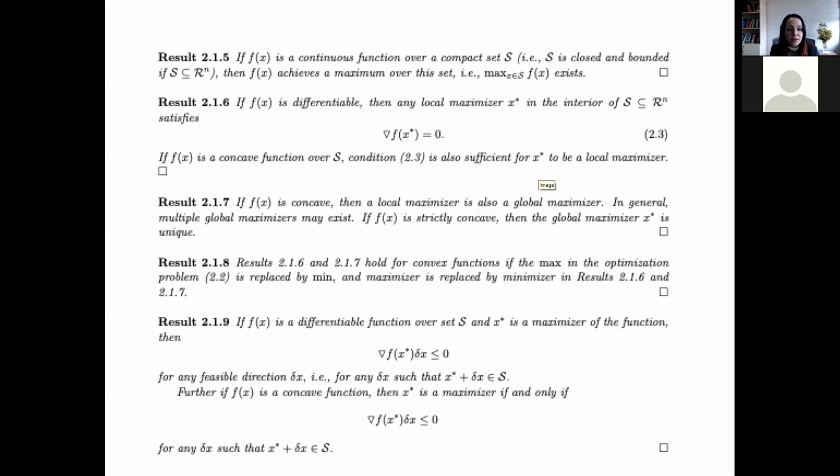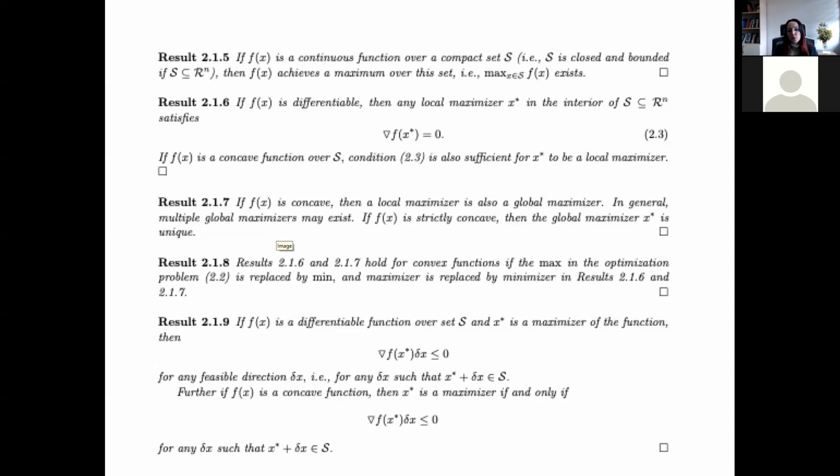Now, moreover, if f of x is concave, then a local maximizer is also a global maximizer. This is wonderful, right? In general, multiple global maximizers may exist if f is not concave. If f is not strictly concave, in fact, there may be constant portions.